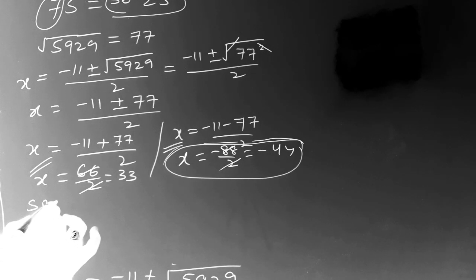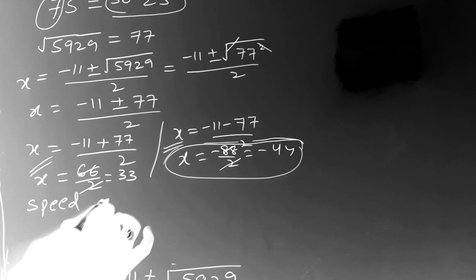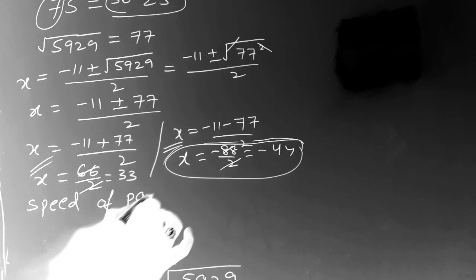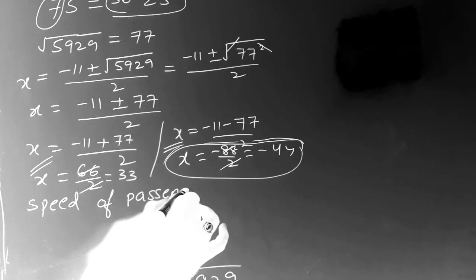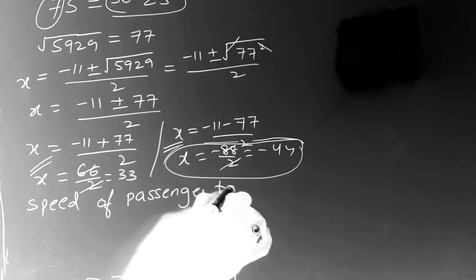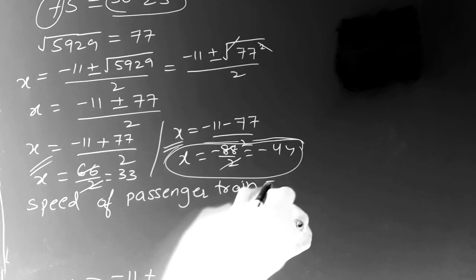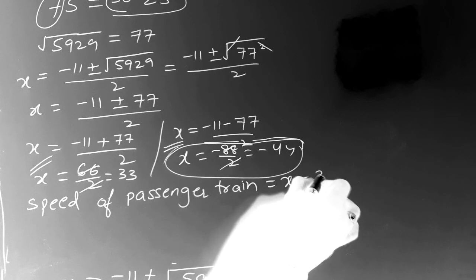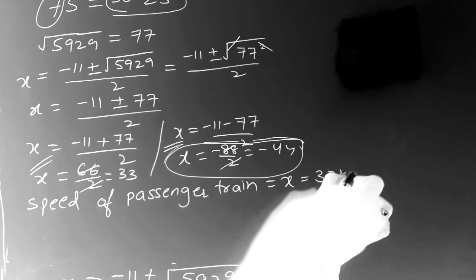Speed of passenger train, that is equal to x is equal to 33 kilometer per hour.